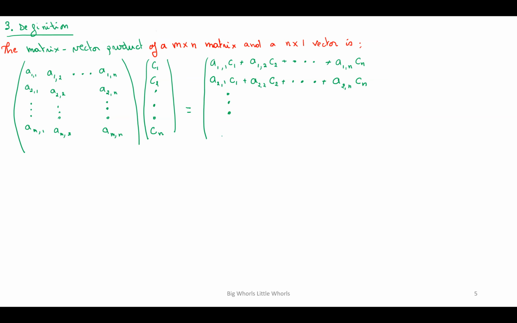Okay, and we do that for the last row as well. Am1 multiplied by C1 plus Am2 multiplied by C2 plus Amn multiplied by Cn. Okay. Put the dots here. So that's how we define a matrix vector product.